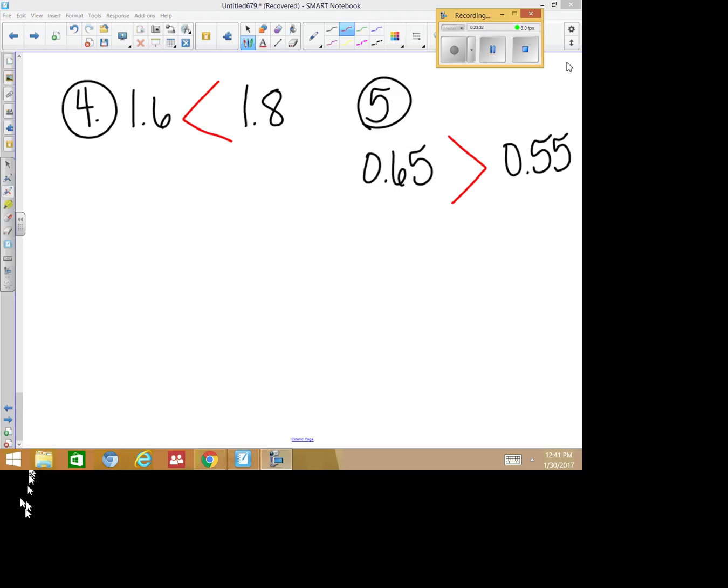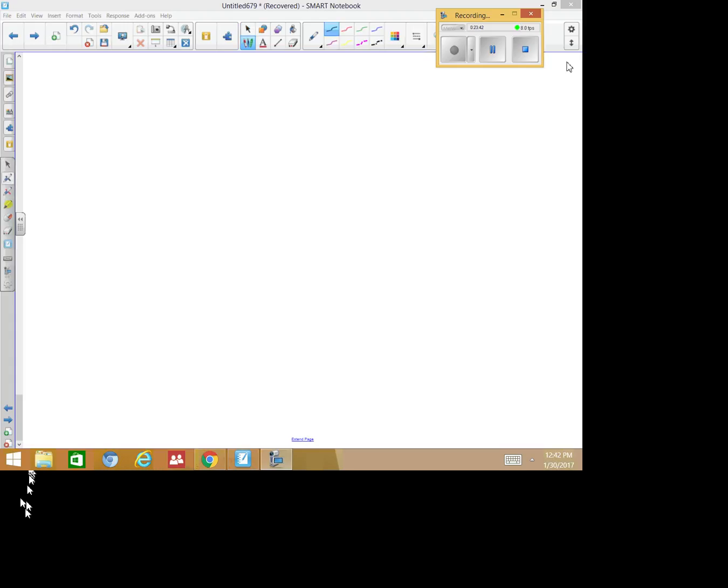Okay, number 8 says fill in the blanks with greater than, less than, or equal to. So let's look at number 8. 3.7 is what to 0.37?